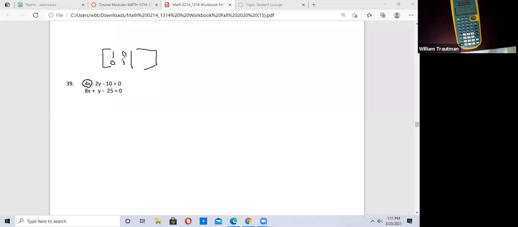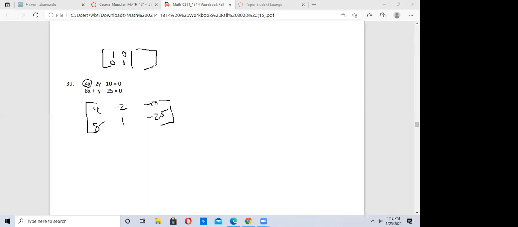First of all, I have to put it in matrix form. Somebody tell me what I did wrong. I'm supposed to put it in matrix form, but the matrix form is wrong. It's supposed to be a positive 10, a positive 25.